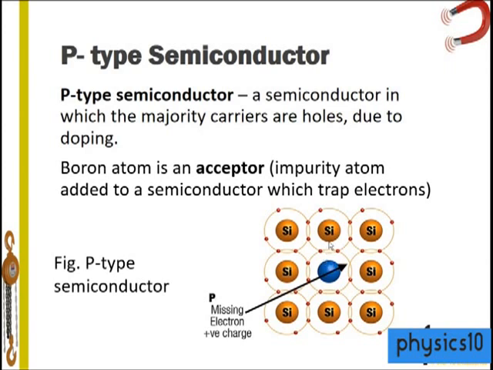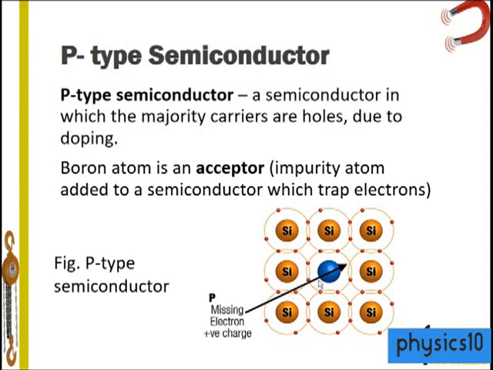Now remember, silicon has 4 electrons in its valence shell. So the fact that you've now introduced an element which has 3 electrons in its valence shell means that there's going to be a missing electron in the lattice of this semiconductor.